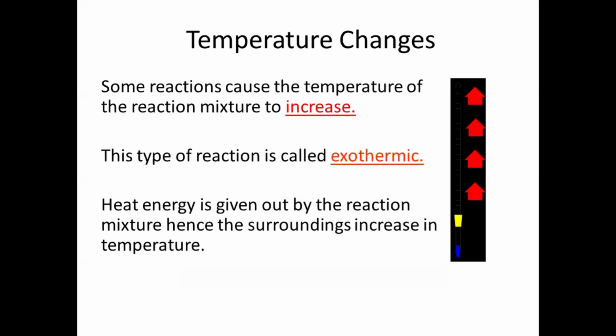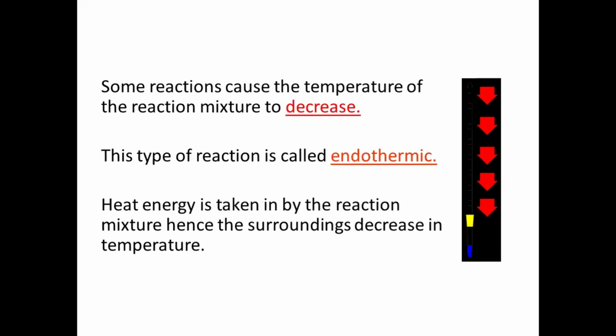So when there is a temperature rise, that is exothermic. Heat is given out by the reaction mixture, hence the surrounding increases in temperature. When there is a temperature drop or decrease, we call that type of reaction endothermic.